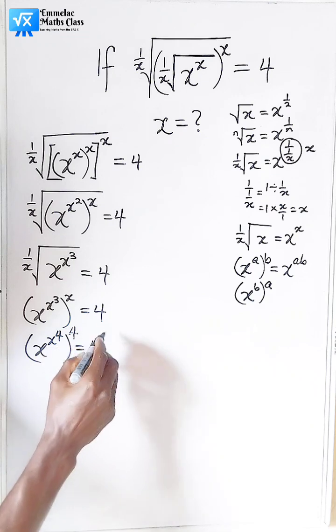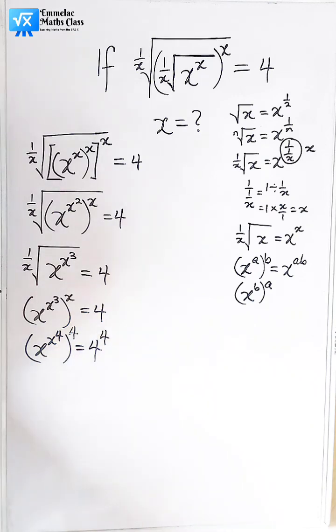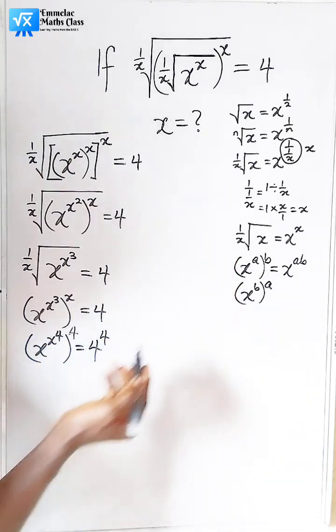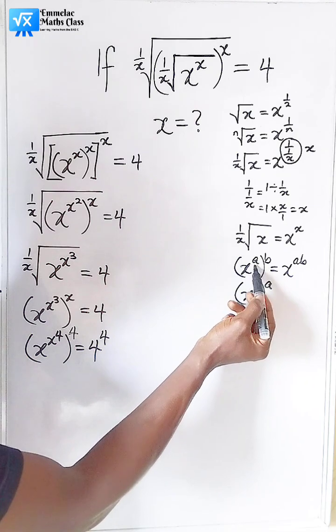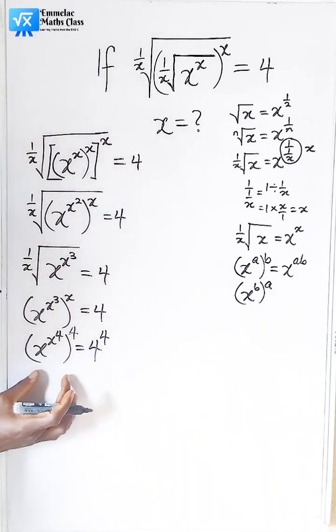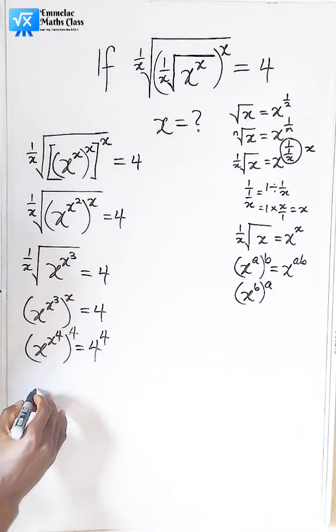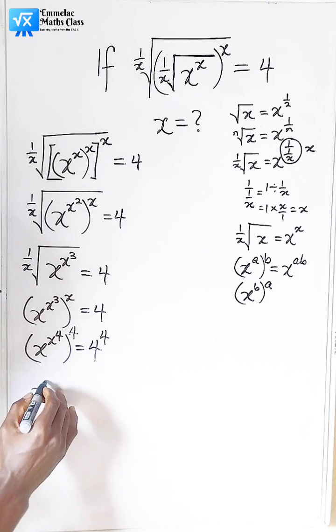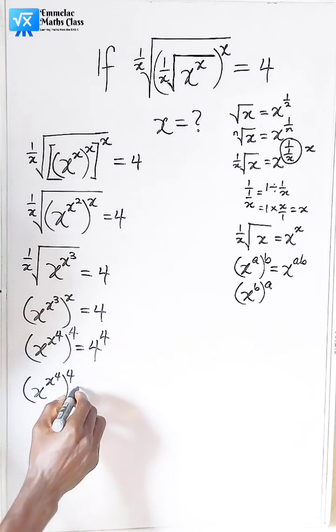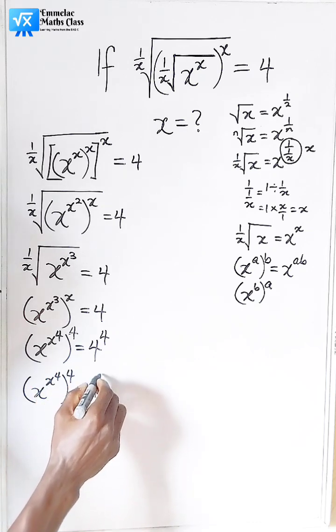Here you can see that a and b, which are the exponents, are interchanged. So we have x raised to the power of 4, all raised to the power of 4, equals 4 raised to the power of 4.